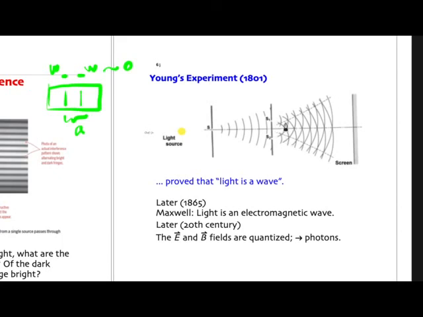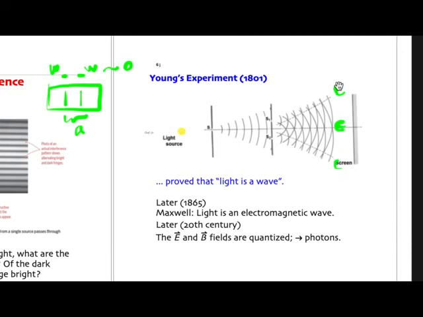And where the cylindrical wavefronts are in phase, you'll have constructive interference. So this will be the direction of constructive interference. This would also be constructive interference. This would also be constructive interference.